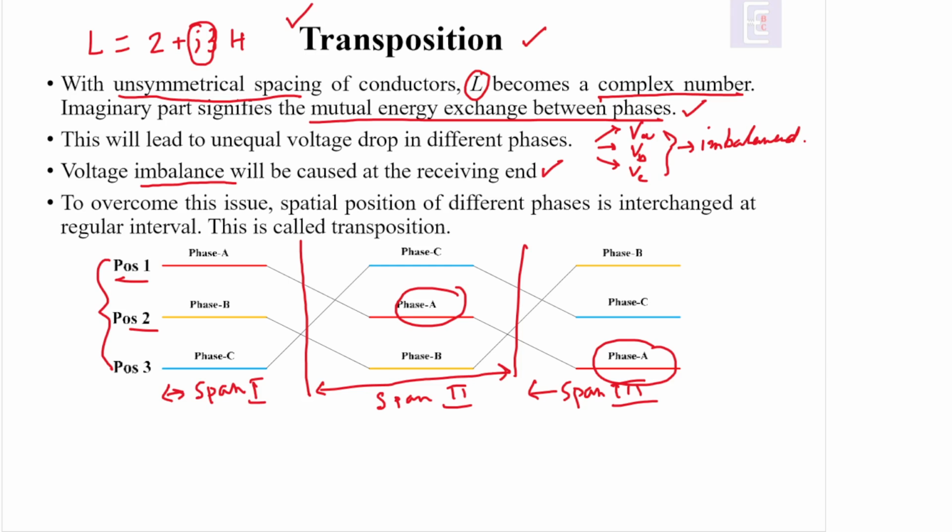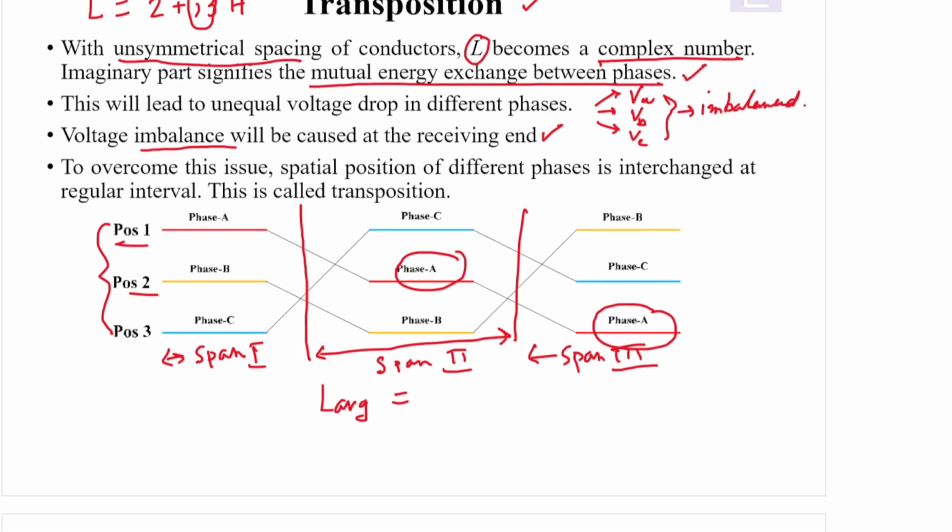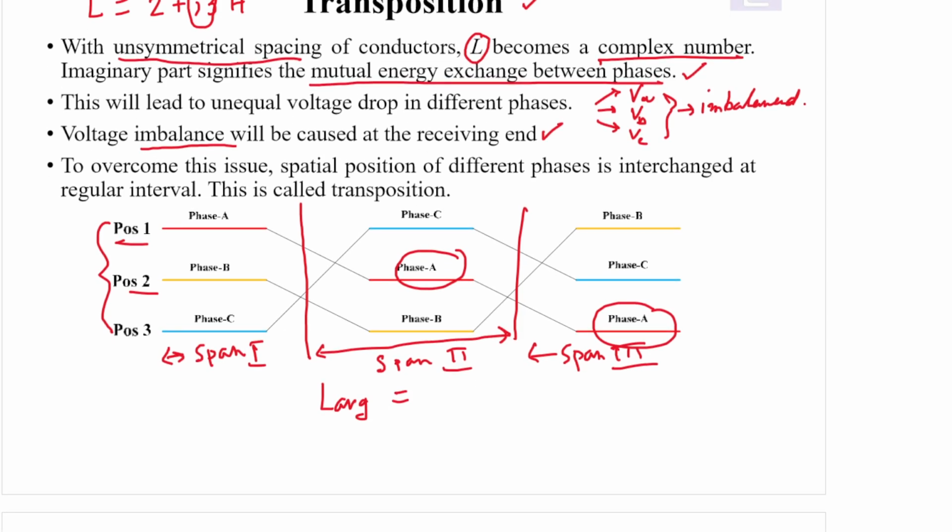What happens if we change places of these phase conductors? Then if we take the average inductance of this whole transmission line, the average inductance becomes a real number.